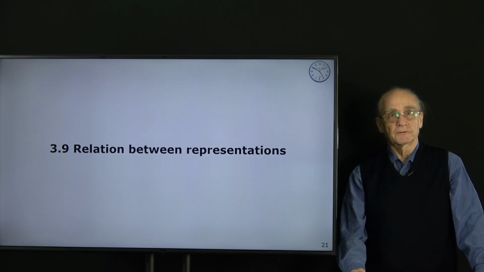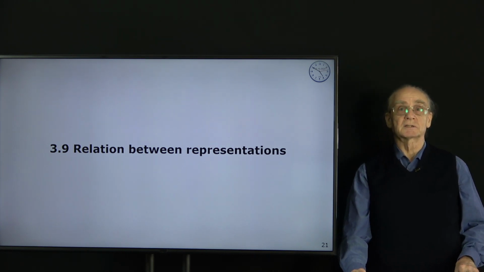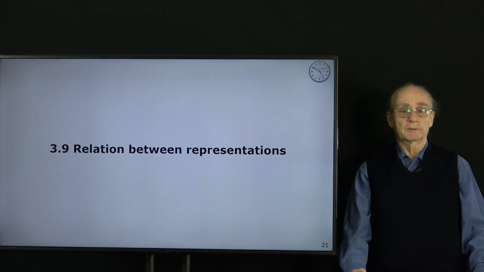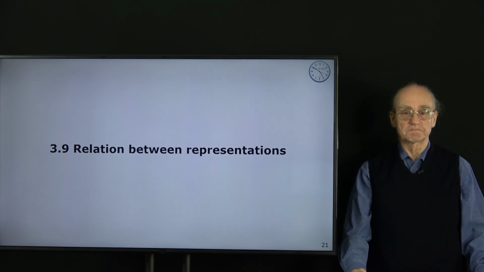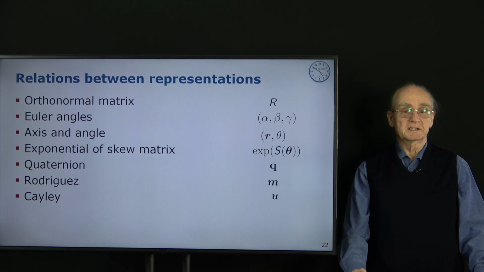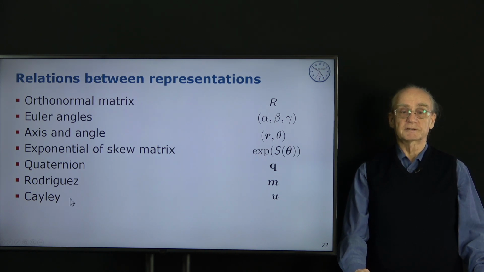Okay, this finishes the discussion of our rotations, the individual representations and small rotations. And now we want to have a look at the relations between these different representations. So what did we see? We had 7 different representations: an orthonormal matrix, Euler angles, axis and angle, the exponential of a skew-symmetric matrix, a quaternion, the Rodriguez parameters, and the Cayley parameters.